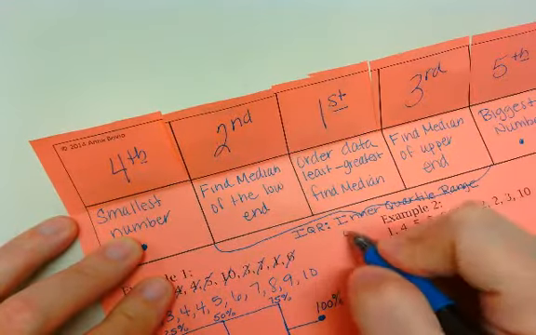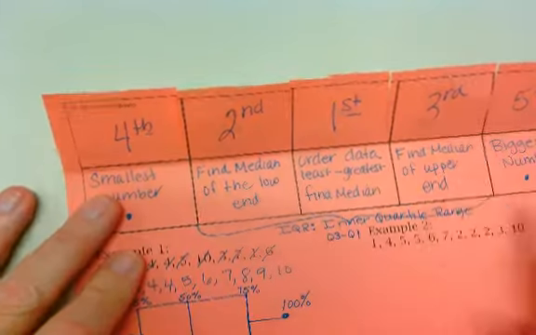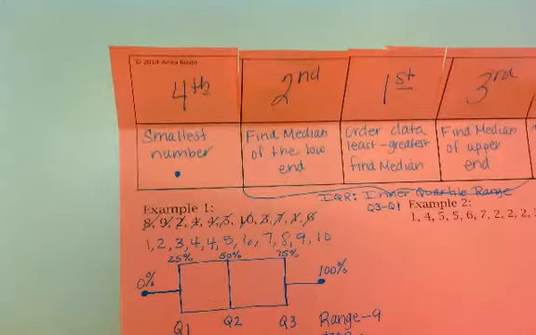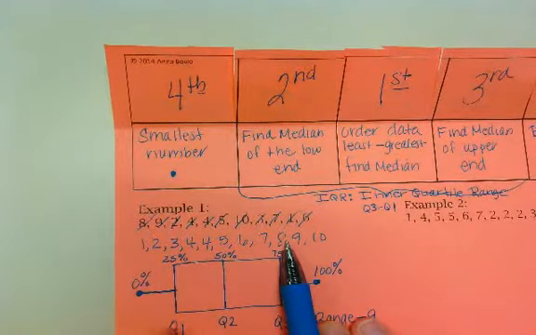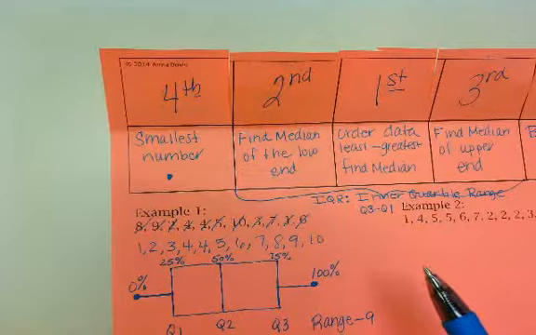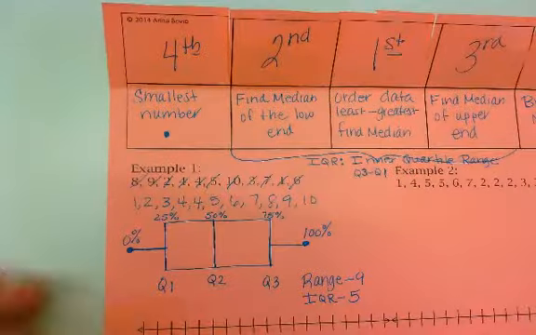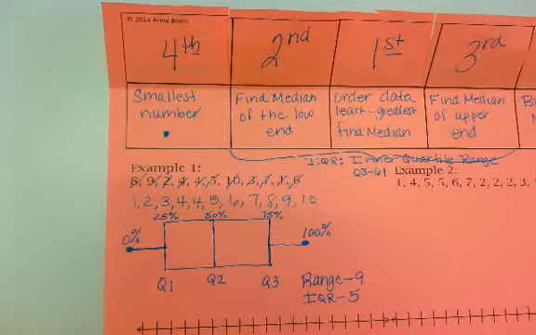What that is, is Q3 minus Q1. So Q3 is 8, Q1 is 3. So 8 minus 3 is 5. So now we have our range, we have our IQR. It would be easy to find our median, or what 50% would be, what 75% would be. And this is pretty much all it is. This is your box plot.